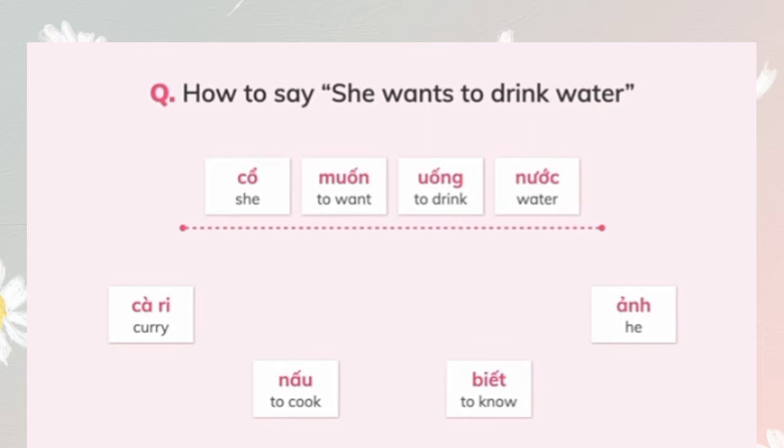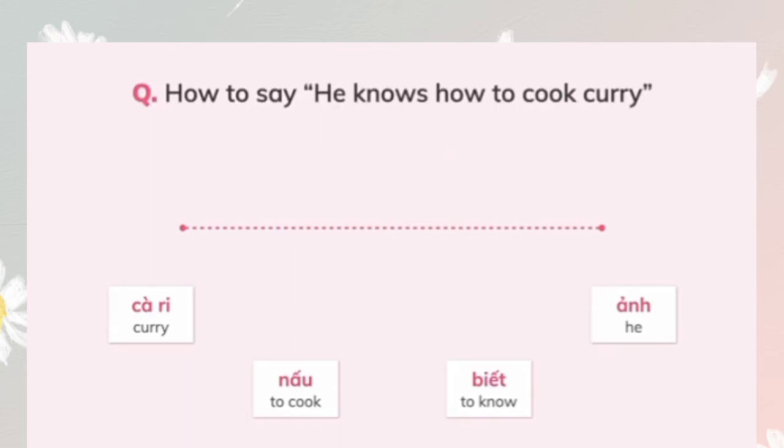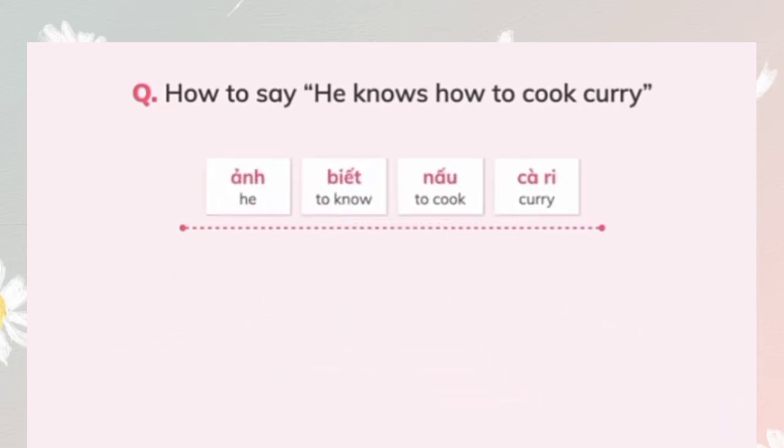Cô muốn uống nước. Cô muốn uống nước. And lastly, how do you say he knows how to cook curry? Anh biết nấu cà ri.